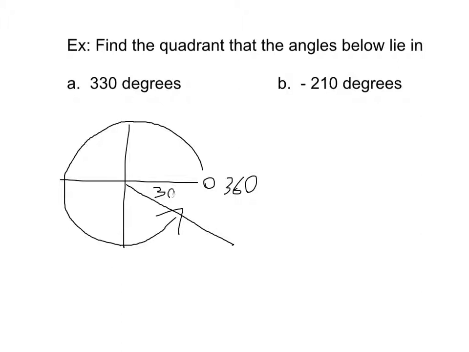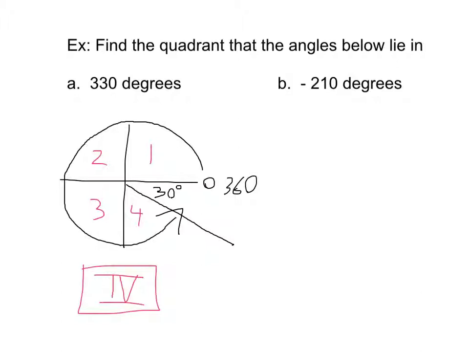You would label it 30 degrees. However, the question here just asks, what quadrant was this in? So if you spin around as you get close to 360, you stop 30 short, and so you're in the 1, 2, 3, 4, except we write it in Roman numerals. So we're in the 4th quadrant.